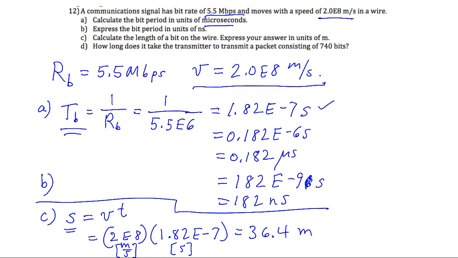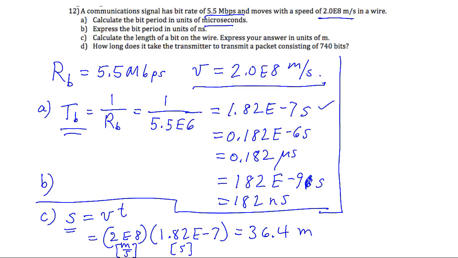Finally, on part D, it says how long does it take the transmitter to transmit a packet consisting of 740 bits. Now this is going to use another equation which is almost exactly analogous to distance is velocity times time, but it's the number of bits is the bit rate times the time.